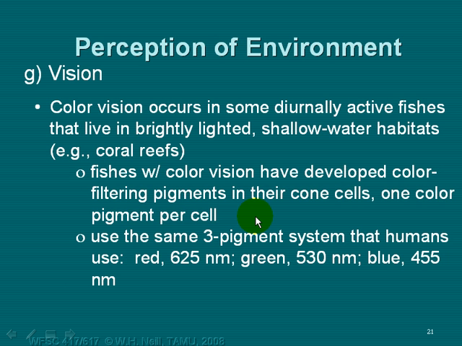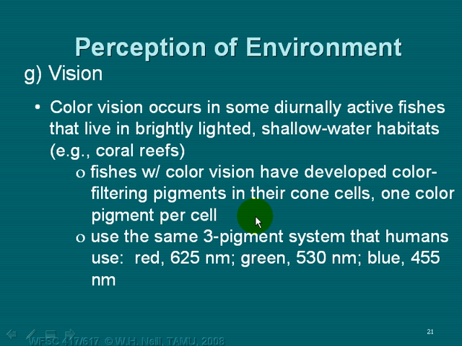Color vision definitely occurs in some diurnally active fish that live in brightly lighted habitats. Just think coral reef, and think about butterfly fishes and parrot fishes, and things that have bright colors tend to see color. Things that don't, like tunas, for example, even though they look brightly colored to us, they're mostly just contrast studies, I think, to other tunas.